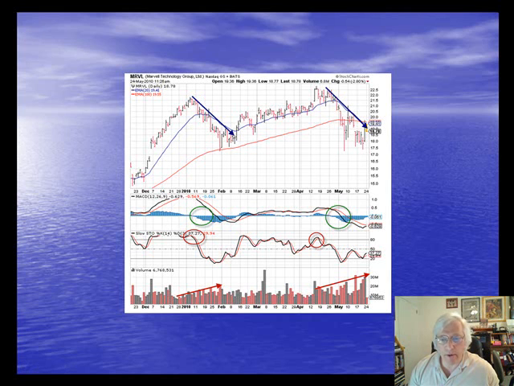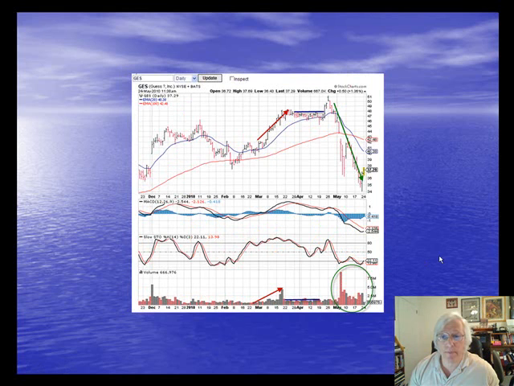So at those times, we could say that the decrease in price and the bearish MACD and stochastic signals are confirmed by the increase in volume.